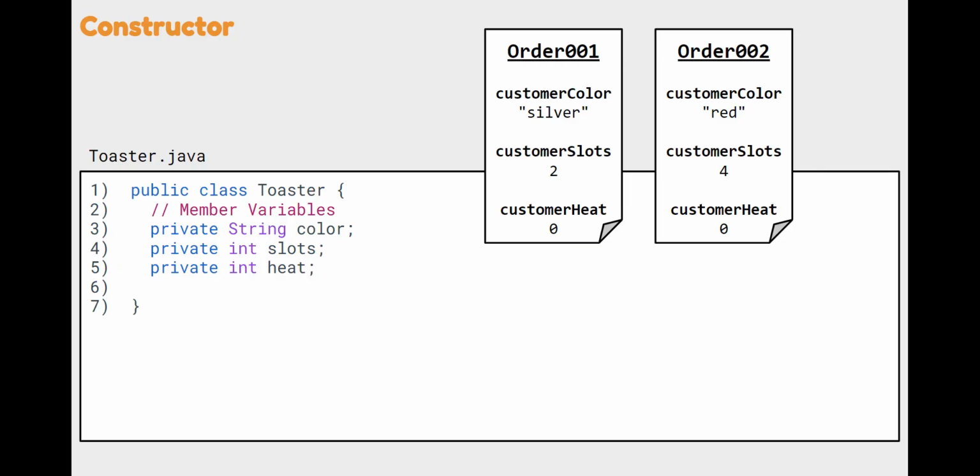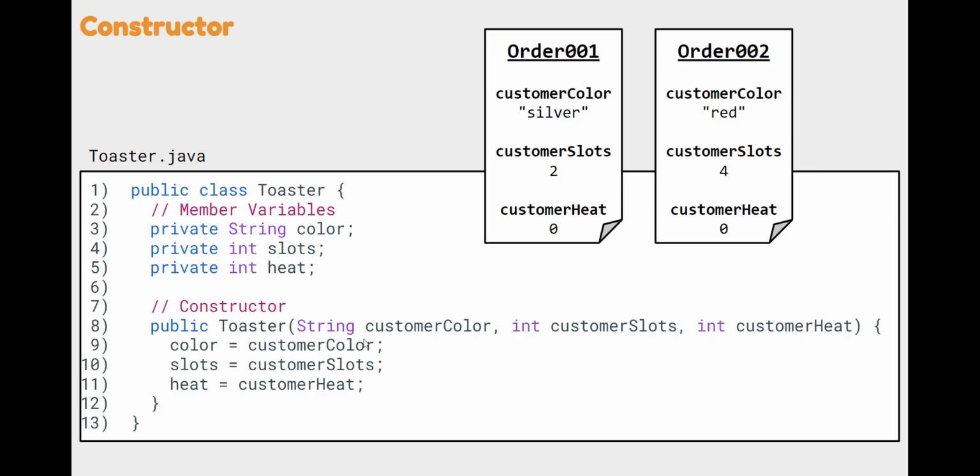That means that we can see this class from other files like main.java or any other file that we make. We have our member variables. They are given the access modifier of private for encapsulation to protect that data. We have a member variable for color, a member variable for slots, and a member variable for heat.